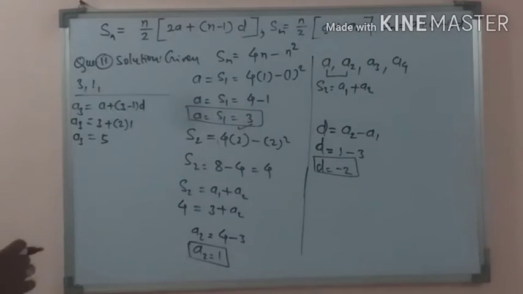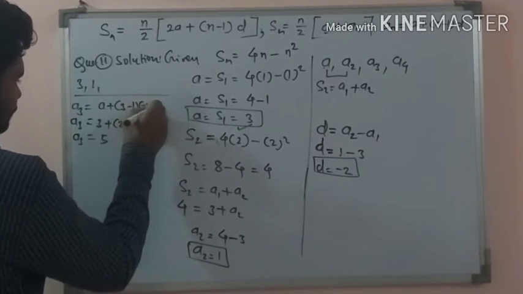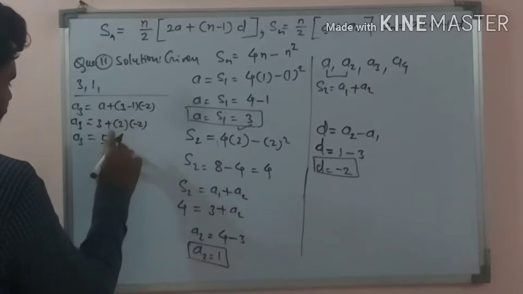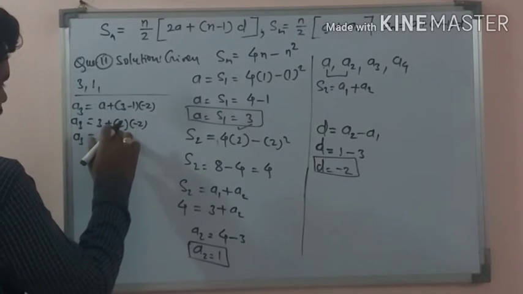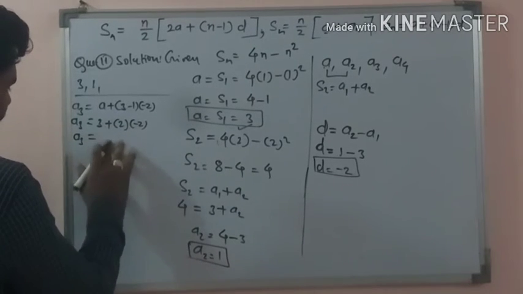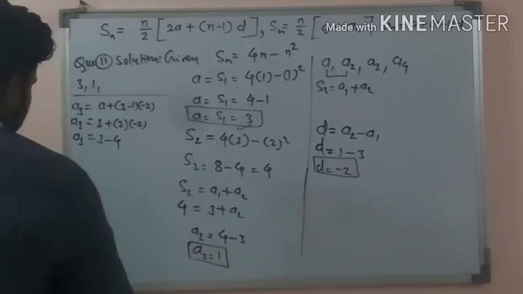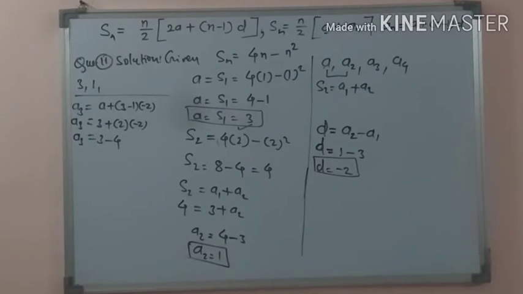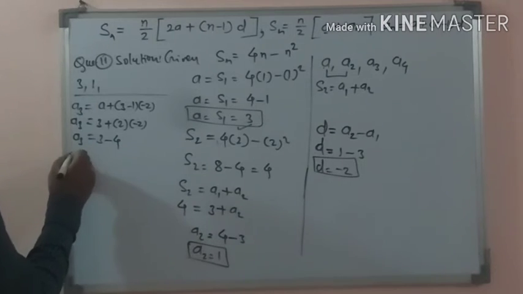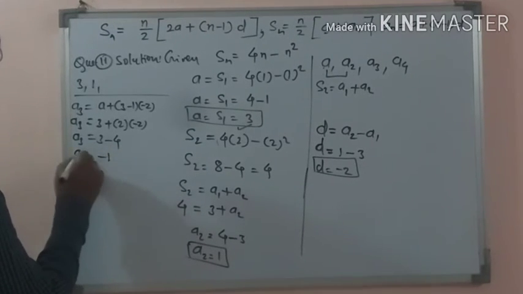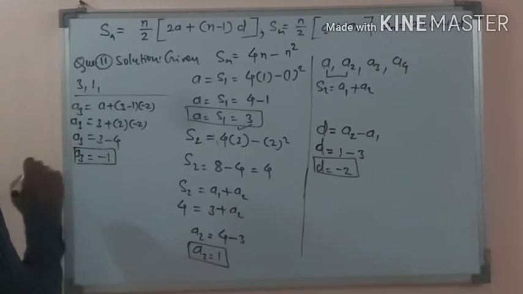Oh, sorry, this one is minus 2. So this becomes minus 4, and A3 is minus 1.